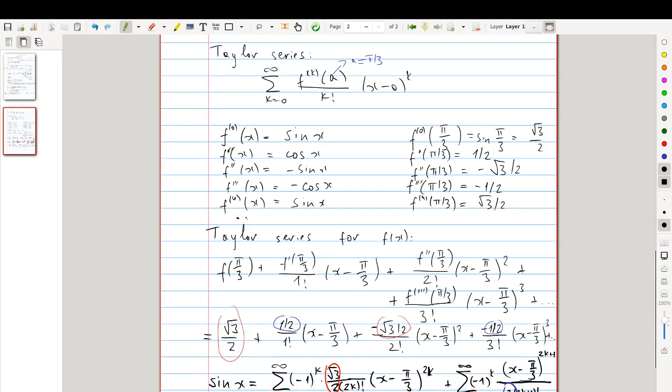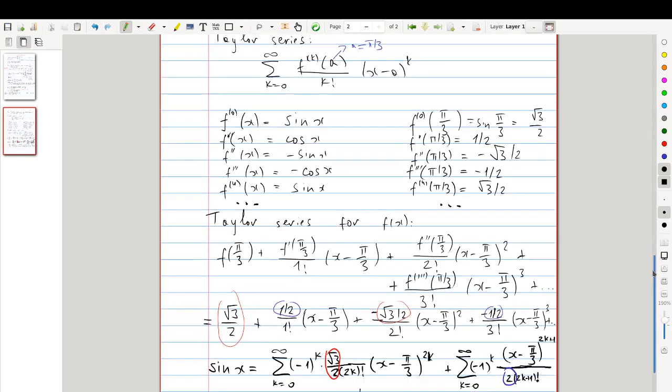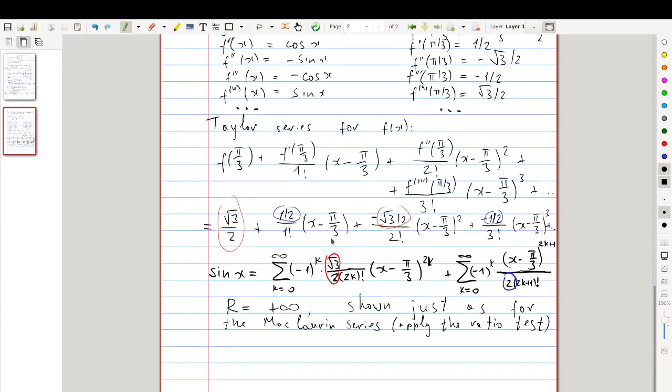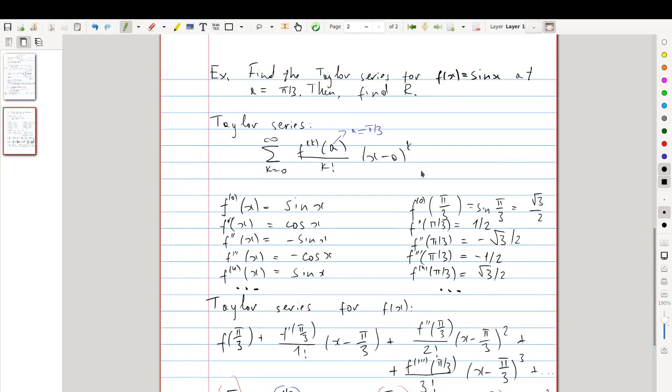So this is the computation that you always go through. First you tabulate the derivatives, then you write down the infinite series just as we did over here. So all of these elements are always employed when computing a Taylor series, regardless of which function you're dealing with.